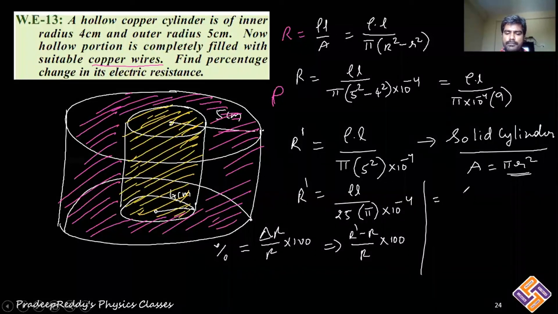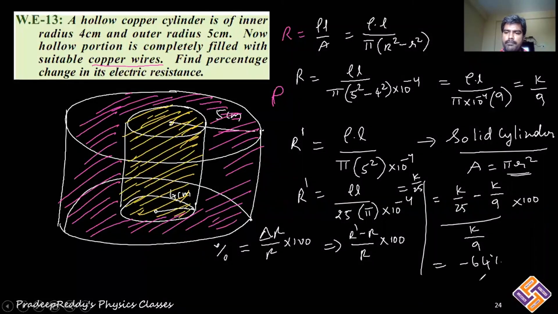I'll take rho L by pi into 10 power minus 4 as some constant K. So R is K by 9 and R dash is K by 25. This gives you (K by 25 minus K by 9) divided by K by 9 into 100. If you evaluate this, you will get minus 64%. That is the final expression.